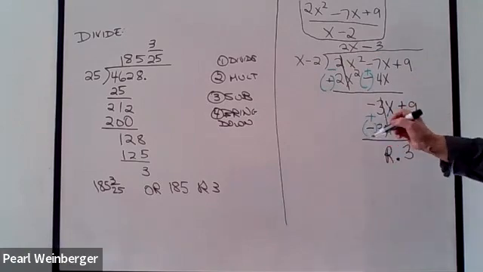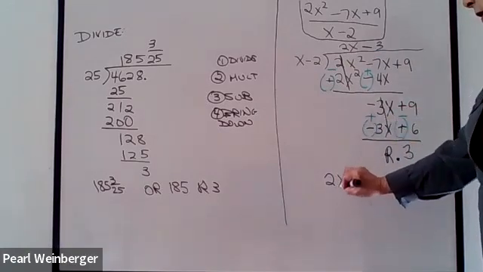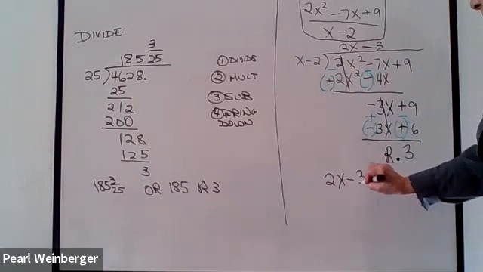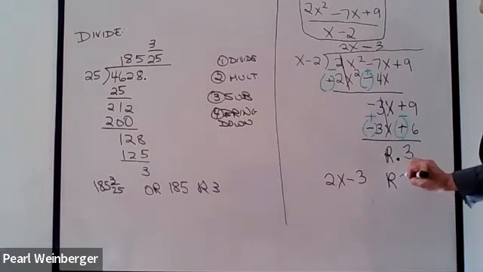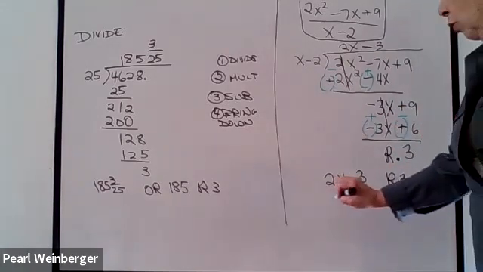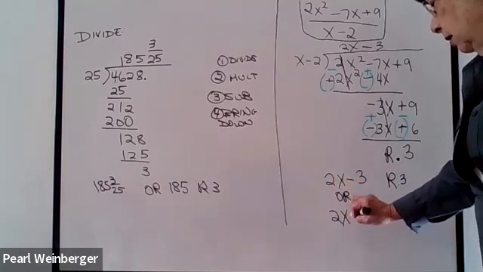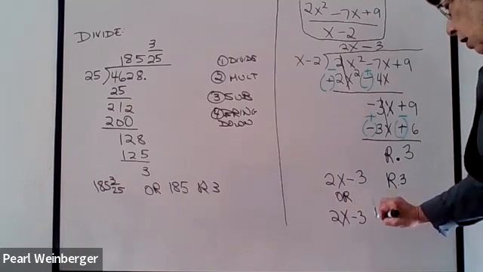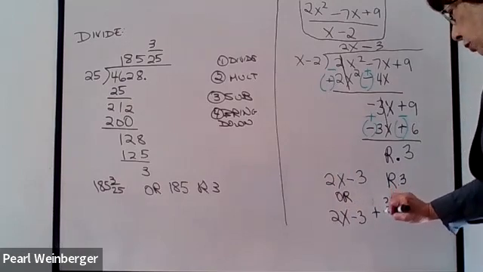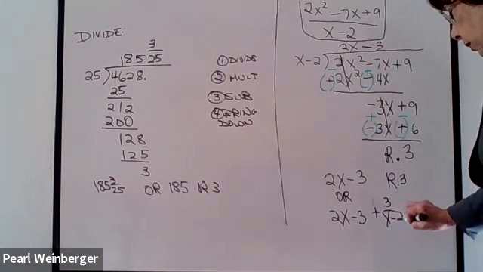So my answer is, either we could write it as 2x minus 3 remainder 3. Sometimes you just ask, what is the remainder? The remainder is 3. Or you can write it as 2x minus 3 plus your remainder, your 3, over your divisor, the x minus 2.